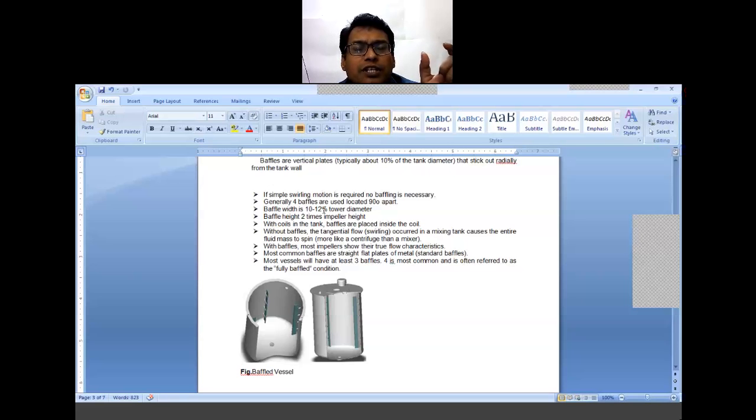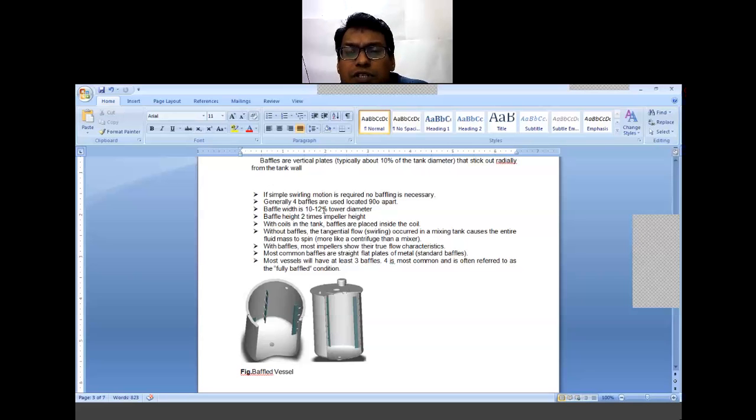In the case of a 1 meter diameter, a 10 centimeter baffle can be used. The baffle height is generally two times the impeller height. Then with coils in the tank, the baffles are placed inside the coil, so that precaution has to be taken.